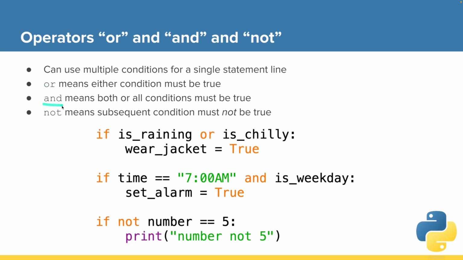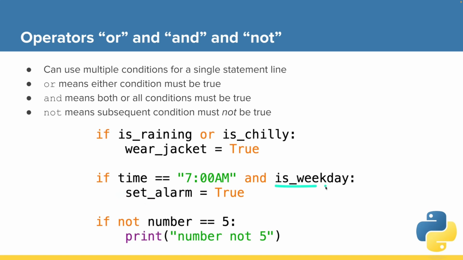And means both, or all if we have more than two, conditions must be true. So, for example, if the time equals 7 a.m. and it is a weekday, then we'll execute our code under our if statement. Let's set alarm, set that to true.